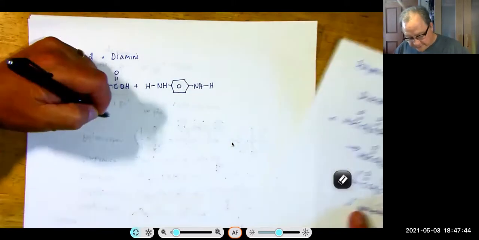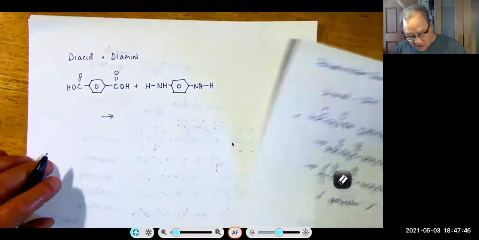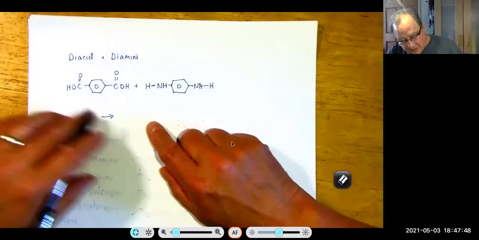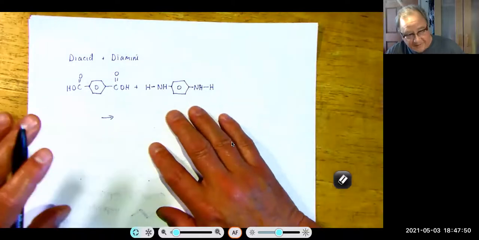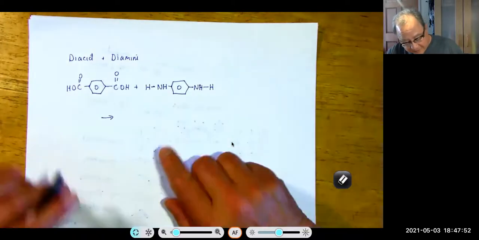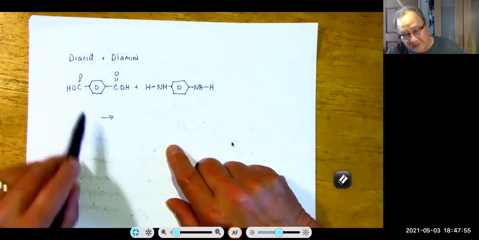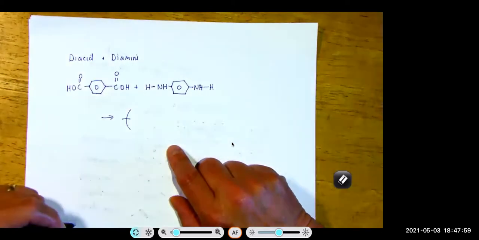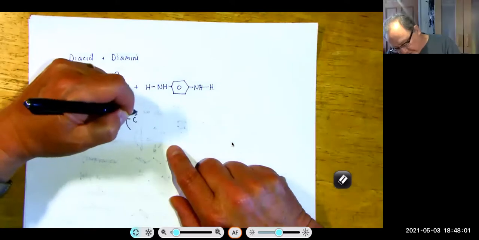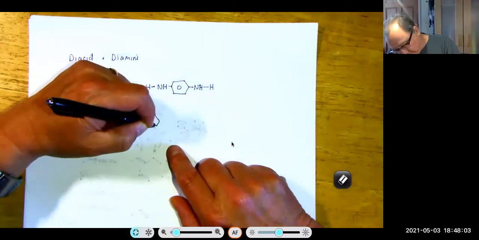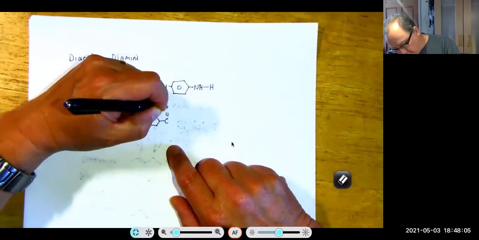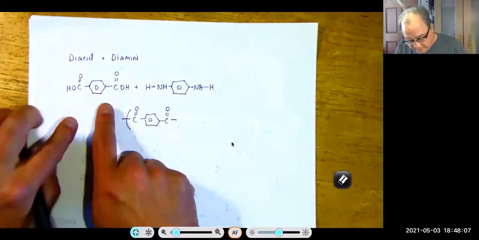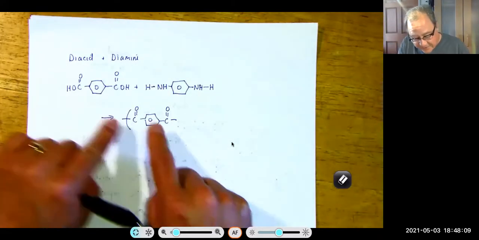So here, how do you draw the polyamide? Well, you do the same thing. What do we do with the acid to draw the amide? We took the OH off. That's right. And so we're going to do the same thing. So there's the polyamide from the acid.